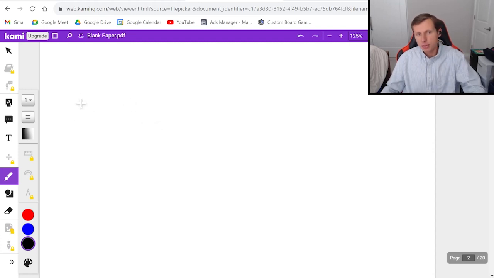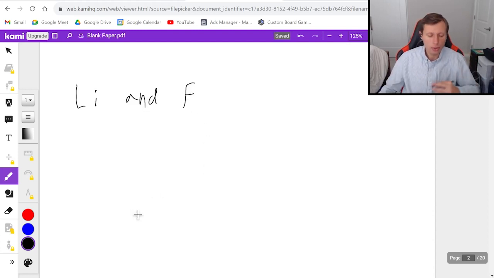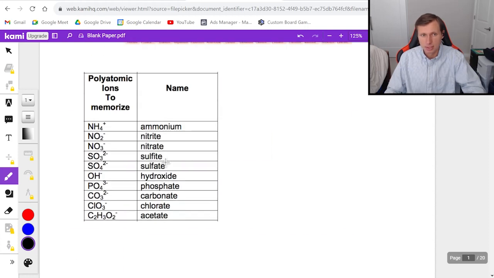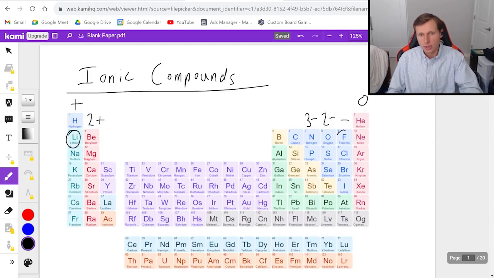So let's say I want to form an ionic compound with Li, lithium, and F, fluorine. What would the ionic compound look like and what would its name be? So first, if we want to combine Li and F, I look at those two elements on the periodic table. So lithium's here, fluorine's here.